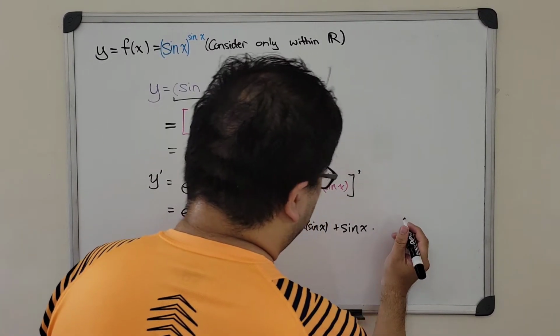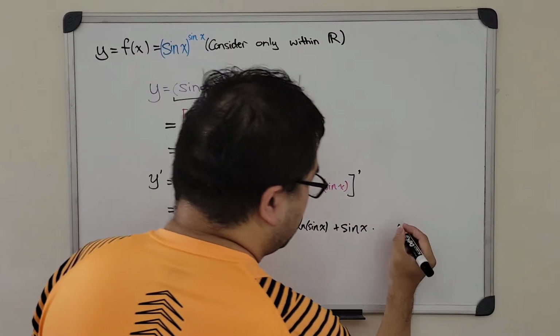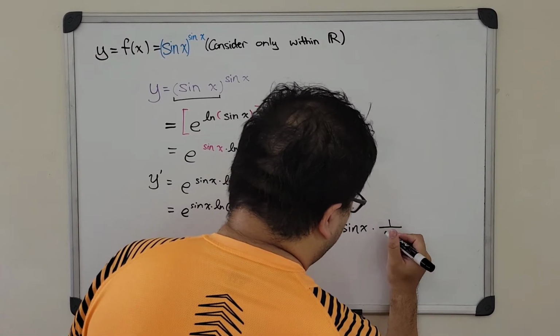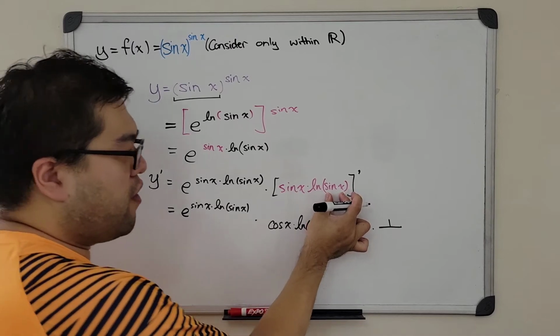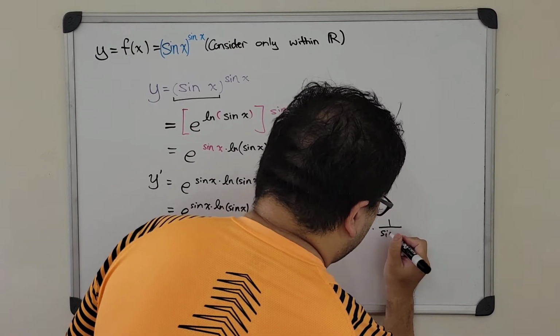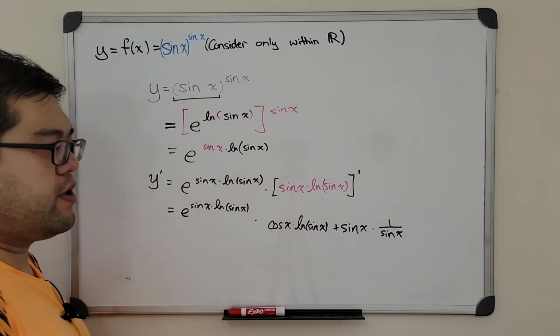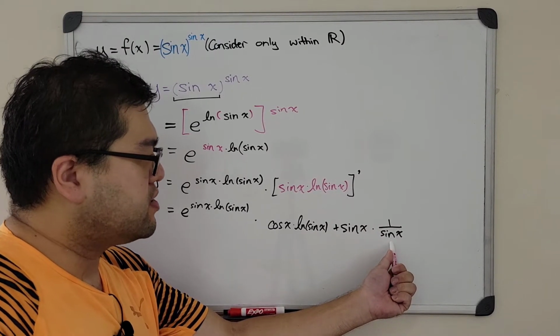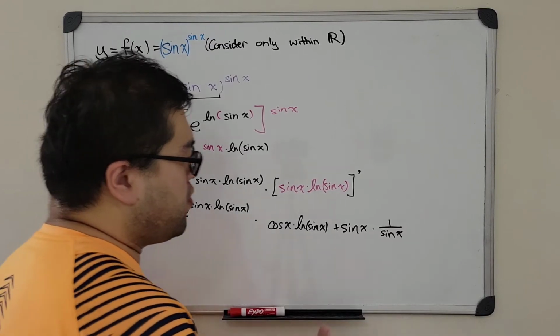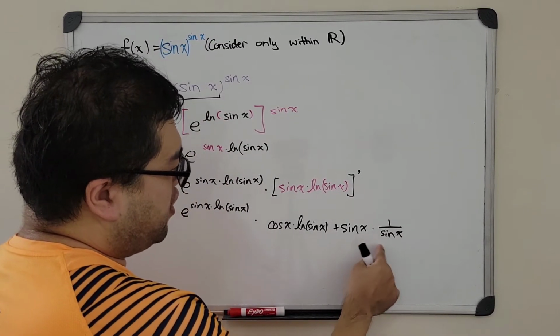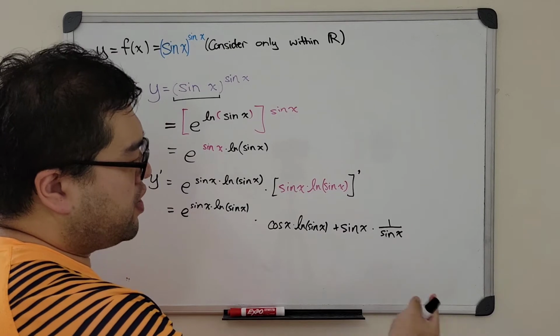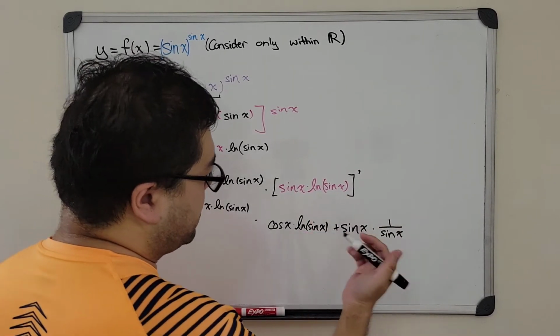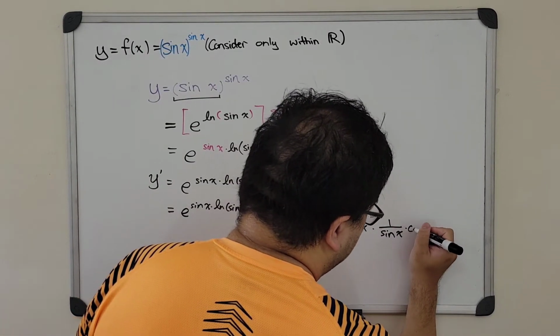Again, we have ln of something, so we get 1 over the term inside of the natural log. Are we done? No, because this is not x. We have to do a chain rule one more time. What is the derivative of the function inside? Well, we have sine here. So again, the derivative of sine is cosine.